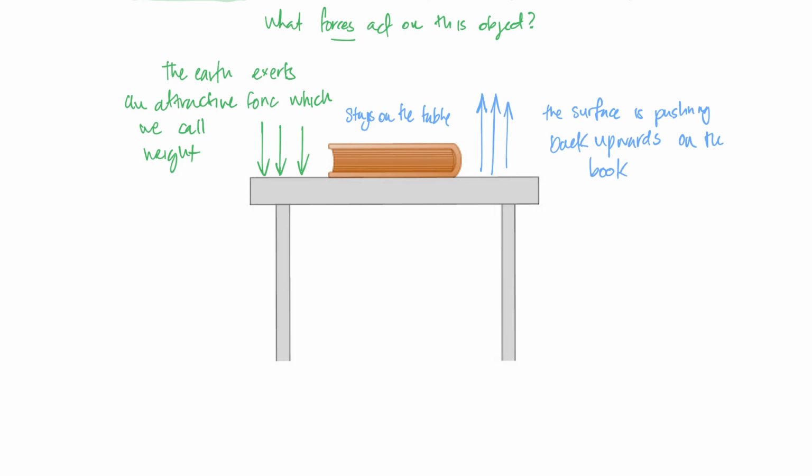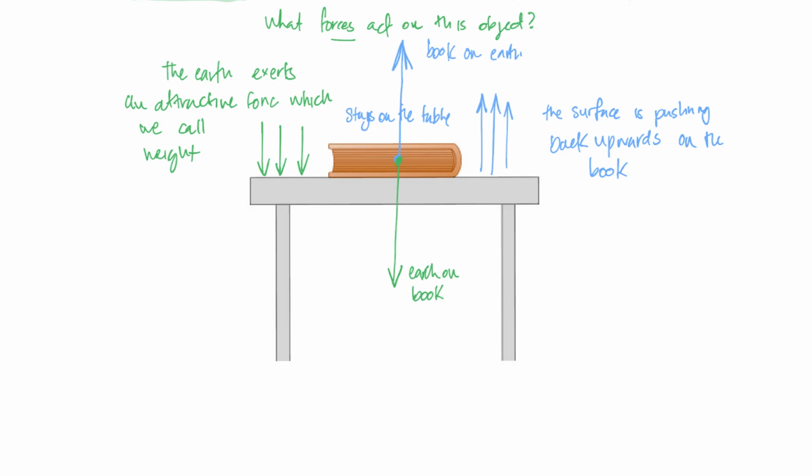So what I've essentially got, going this way, is an upward force, and my book is going down. So this is the Earth on book, and the other one is the book on the Earth.